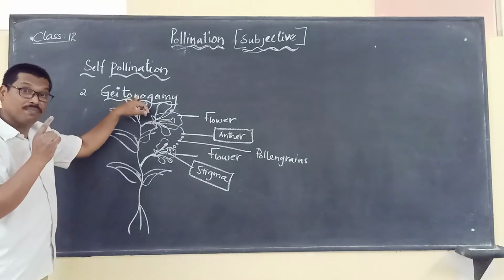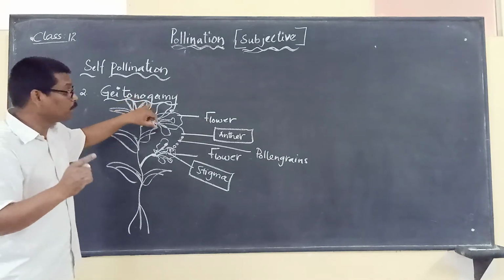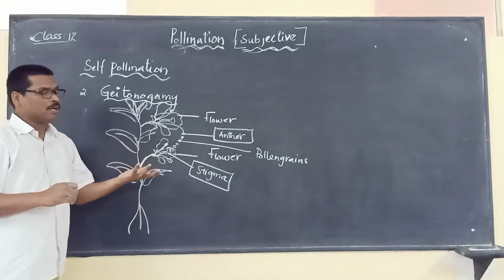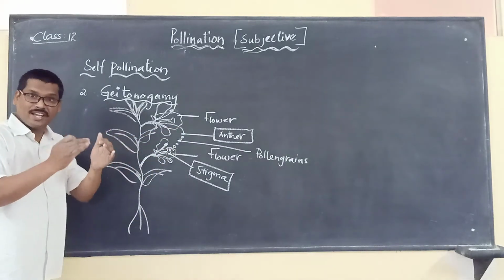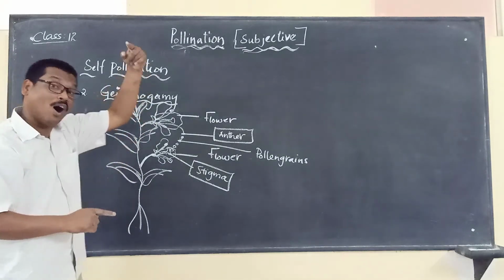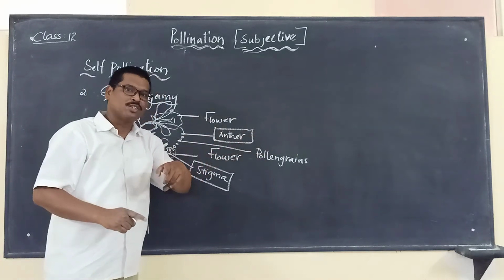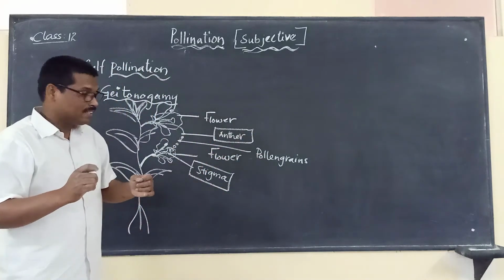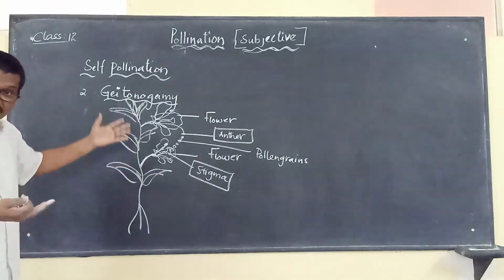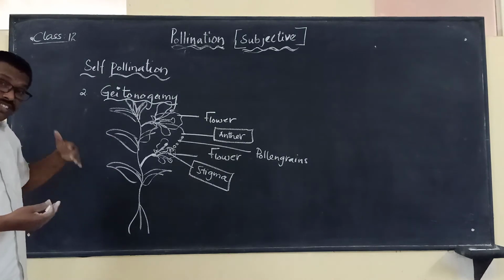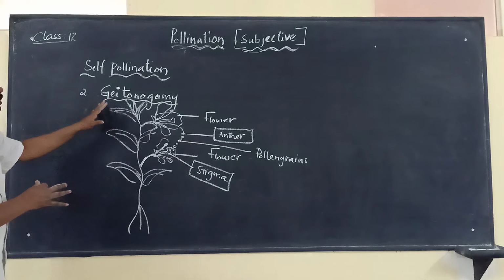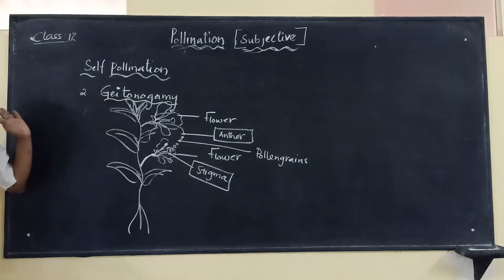Although geitonogamy is functionally cross-pollination involving pollinating agents, either abiotic or biotic, genetically it is similar to autogamy. It is genetically similar to autogamy because the gametes are from the same plant. That's what we have to remember when we talk about geitonogamy.